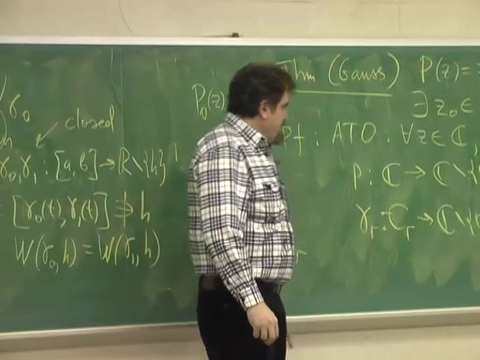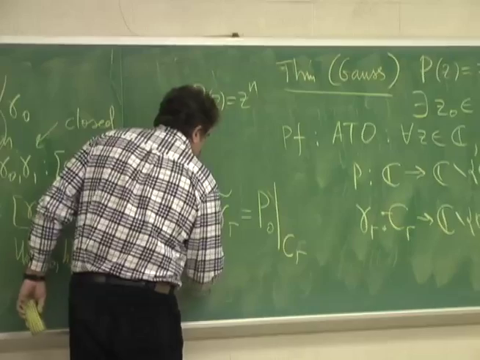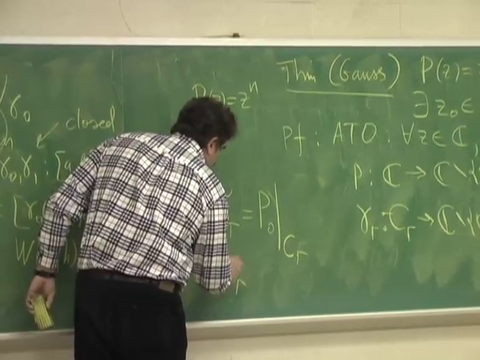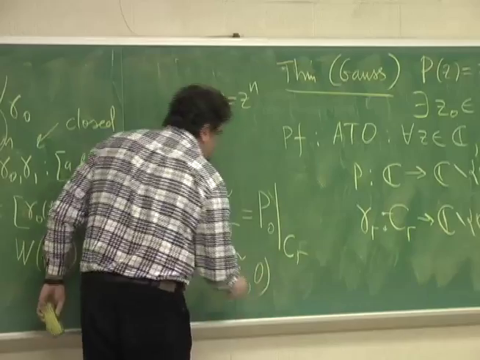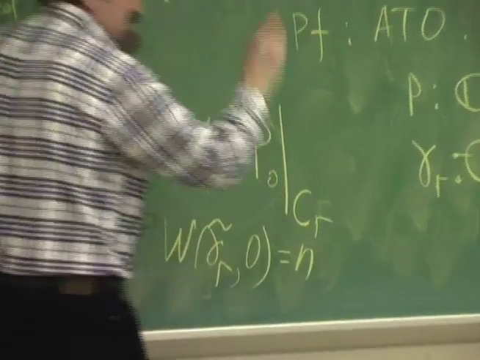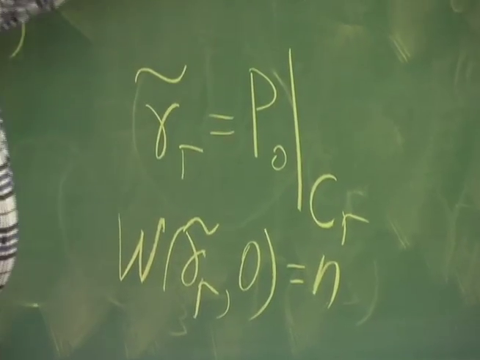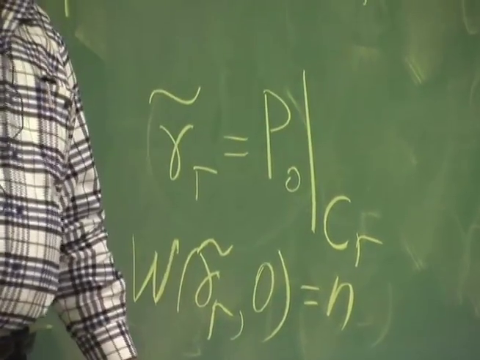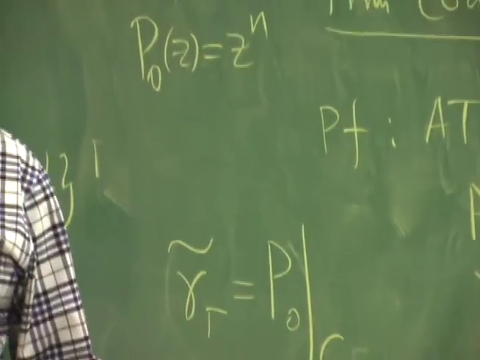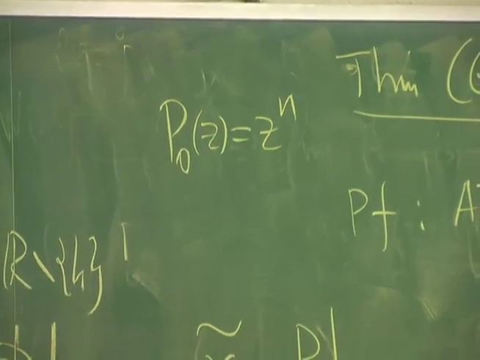Okay? It is easy to compute this. A simple exercise, this is n. You can compute it any way you want. For example, this function is very nice, it is smooth and so on. You can compute the integral or whatever. A homework assignment, prove that this is n.